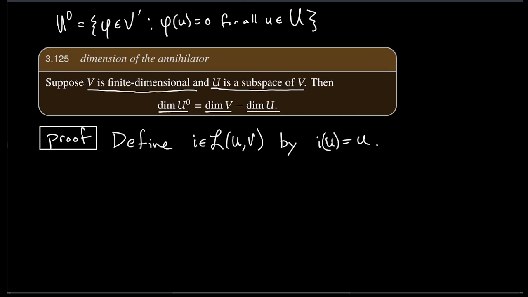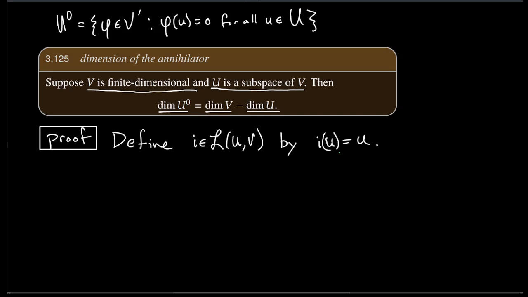So here's the idea. If U is a subspace of V, then everything in U is also in V. So I can map the stuff in U to stuff in V by just sending it to itself. It's pretty much the easiest possible map. It's not quite the identity, but it's essentially the identity up to just putting the codomain into a bigger set.